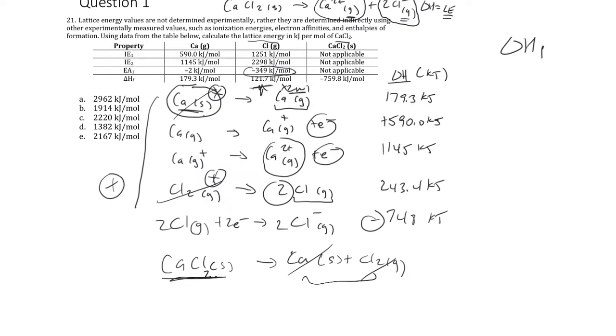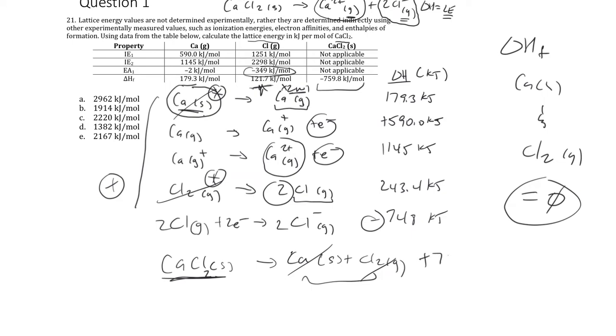The delta HF of calcium solid and Cl2 gas are 0, and that's key here. So 0 plus 0 minus the negative of the delta HF, so it's going to be plus 759.8 kJs. Notice I flipped the formation reaction of calcium chloride, hence I'm taking the negative of the delta HF of calcium chloride.